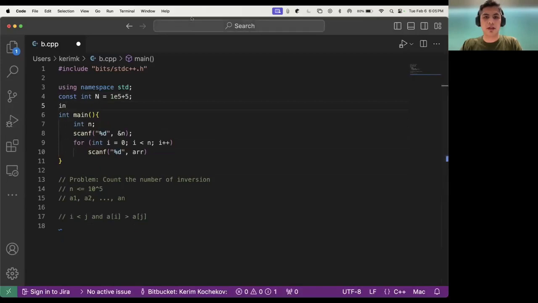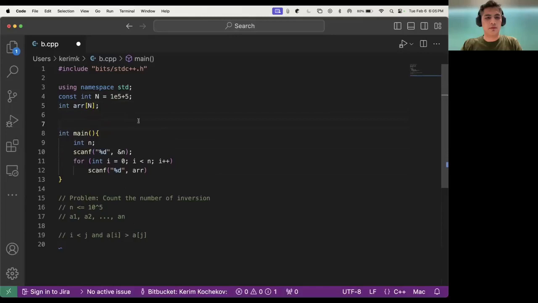Maybe I can look in the chat if there's an answer. So the brute force solution would be trying each of the pairs of numbers i and j, and just counting the pairs that hold this inequality.